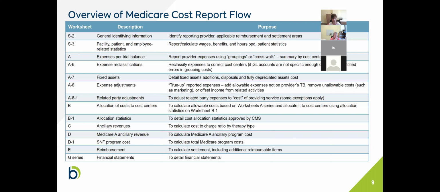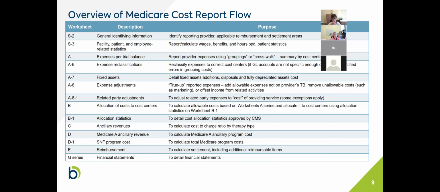So that schedule is to help us figure out costs that should be presented for that provider, but maybe you have a couple different entities, you have a home office, or you have a management company, or some other situation where some costs are not on your trial balance. So we can add those expenses, or we can remove expenses that are not allowable, maybe related to marketing, or something like legal expenses that should not be allowable for Medicare purposes.